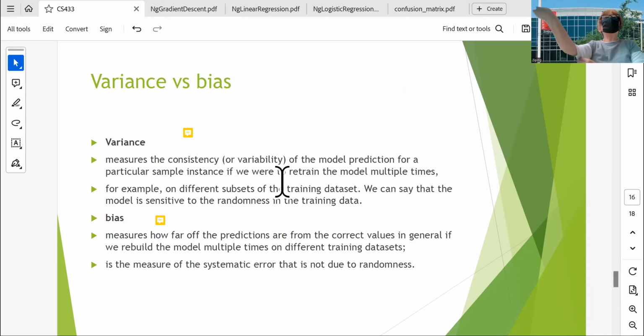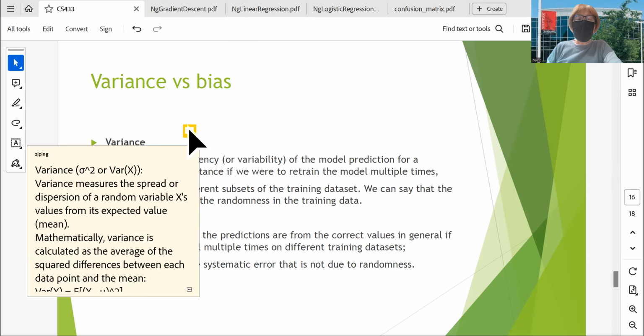Next, what is variance? What is bias? Those two are very important concepts in machine learning. So be careful. Variance measures how the samples spread, or the dispersion of the samples.